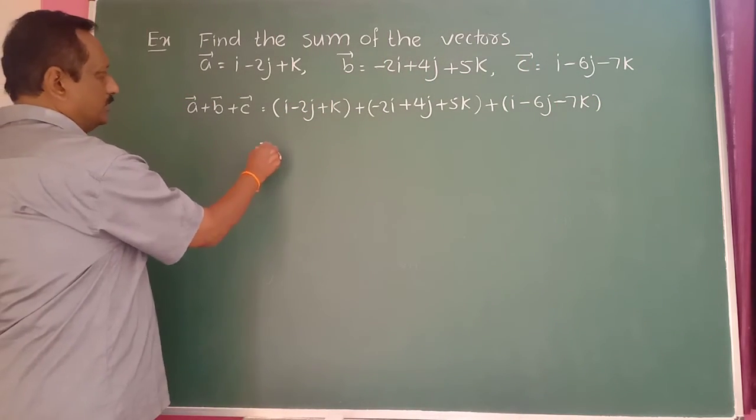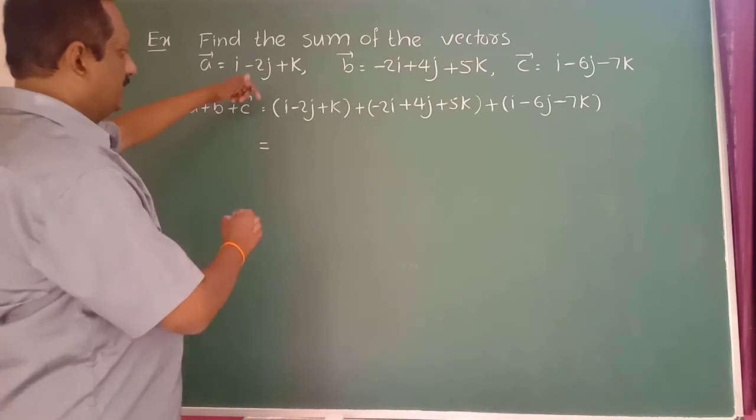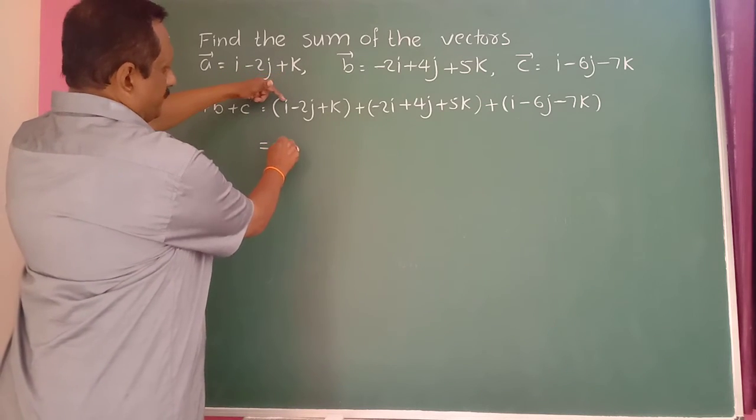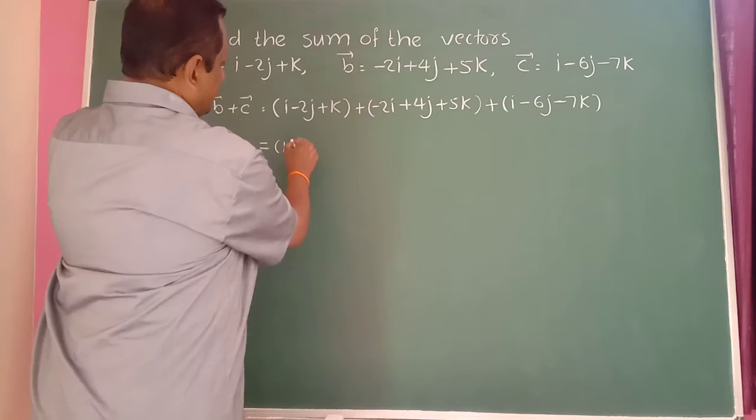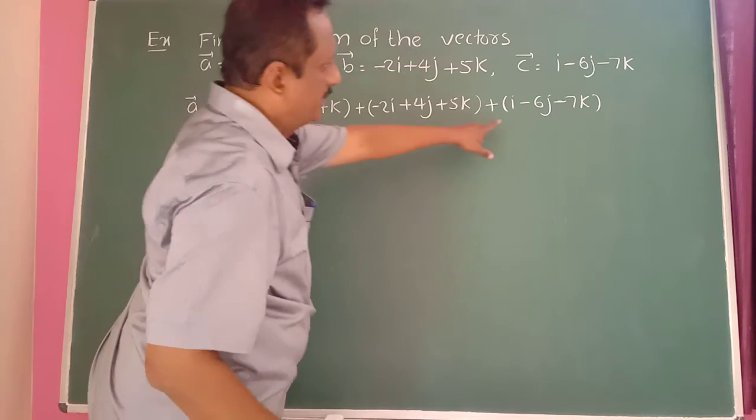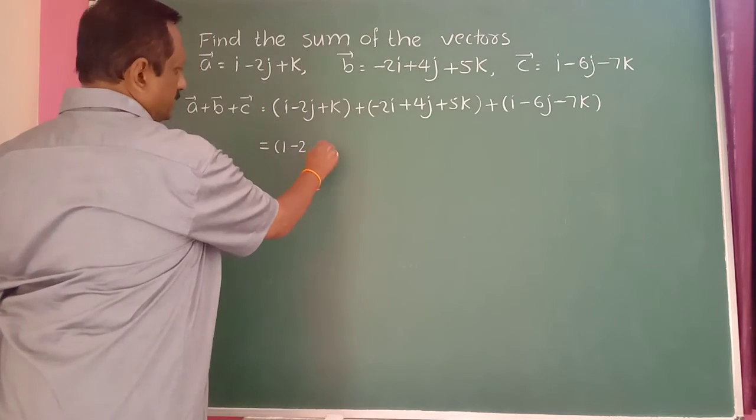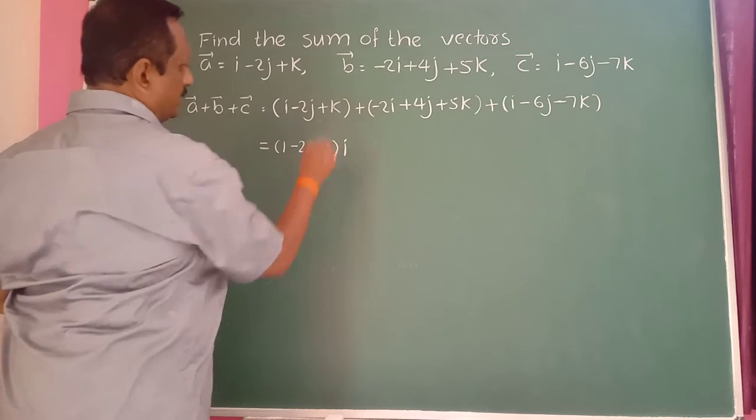Therefore, this is equal to, take only the i coefficient here. Here i coefficient is 1, here i coefficient is minus 2, here i coefficient is 1. So plus 1 into i.